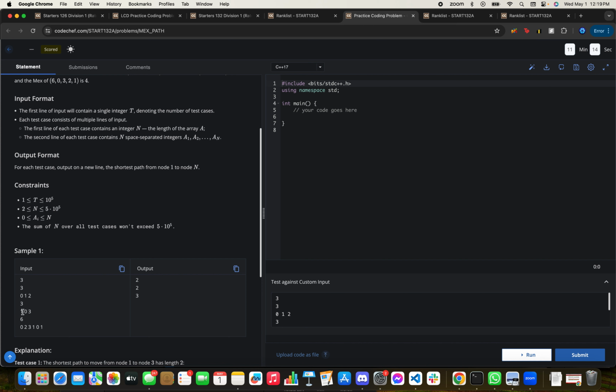So if 0, 1 exists, then you just can't avoid it, I don't think. So 0, 1, you have to swallow the 2, and then actually 1, 3 just works.